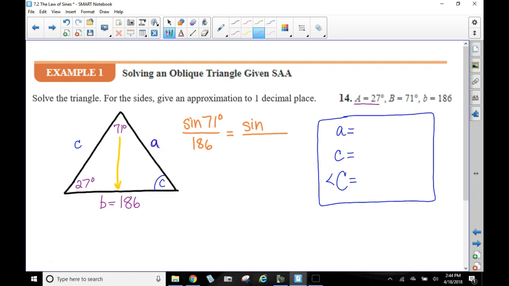So what I'm going to use here is the sine of 27 degrees, angle A, is to opposite side A. So what I've got here is the form: the sine of angle B is to side B, as the sine of angle A is to side A. And angle A was also given here. So now I have this equation that only has one unknown variable, A, in it.